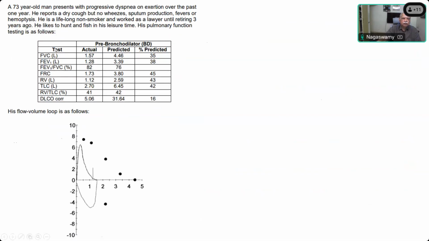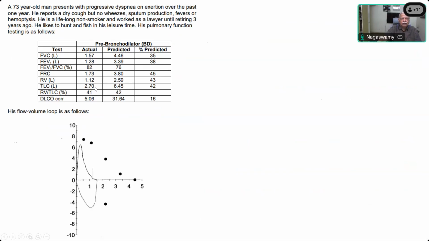His pulmonary function tests: FVC is only 35% of predicted, quite low. FEV1 is also low, 38%. FEV1 to FVC ratio is normal. Actual is 82, predicted is only 36. And TLC is very low.